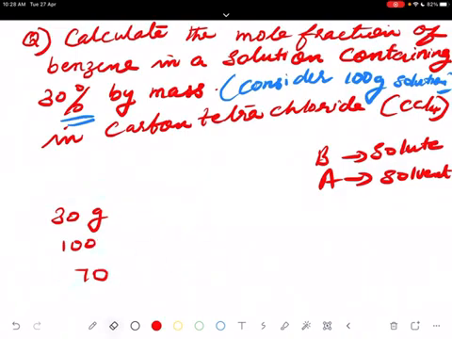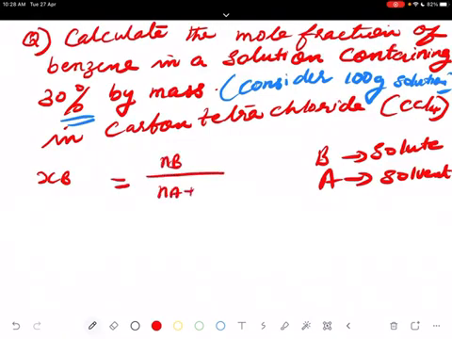Now we have to find out the mole fraction of the solute, that is XB, where the solute is benzene. So XB is equal to Nb upon Na plus Nb.